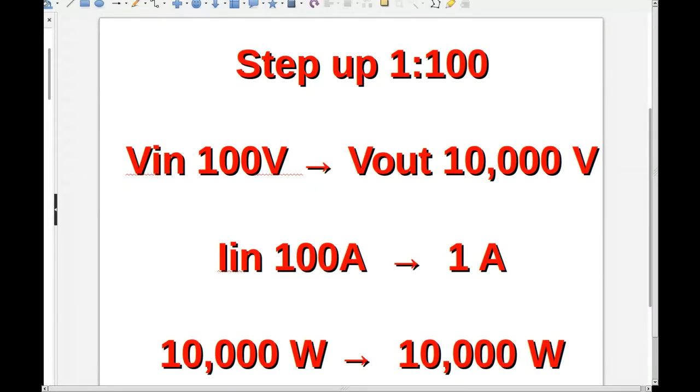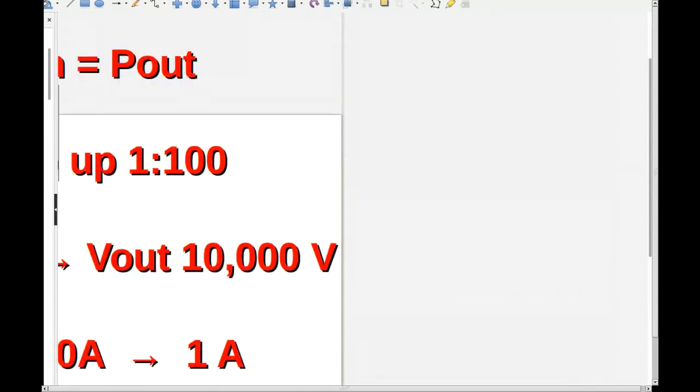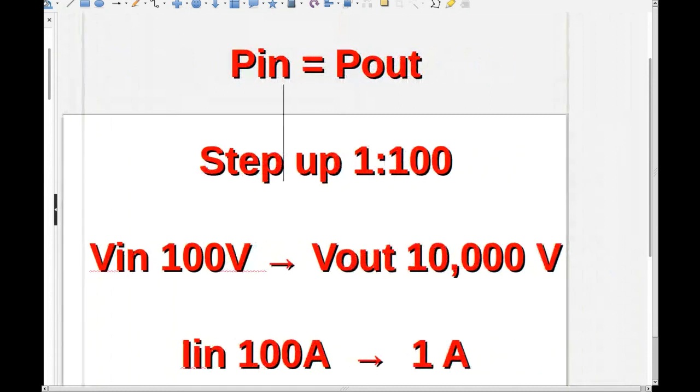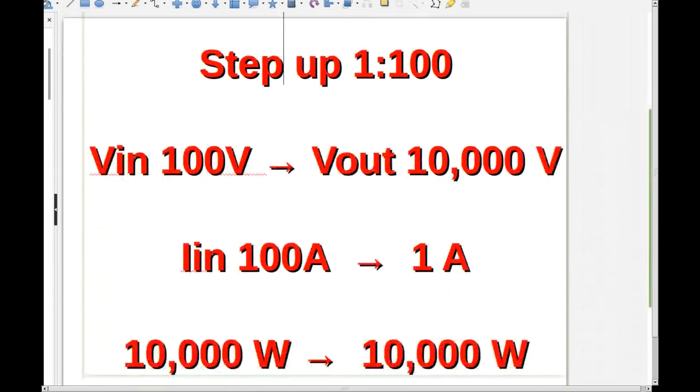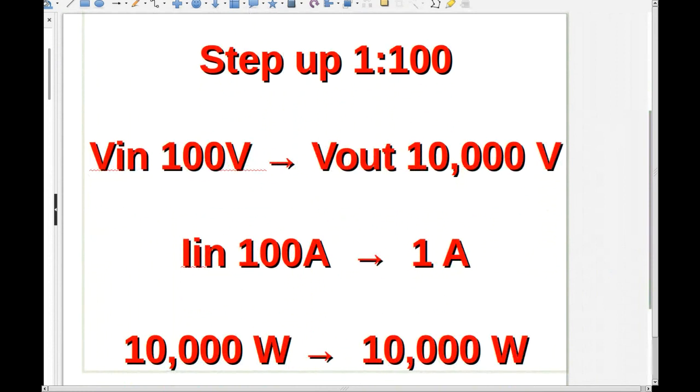So that is the key, this whole concept of power in is equal to power out. It's not quite perfect, but it definitely makes it so that we can have electricity in our homes.